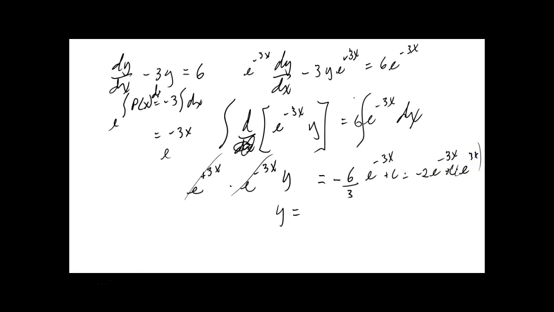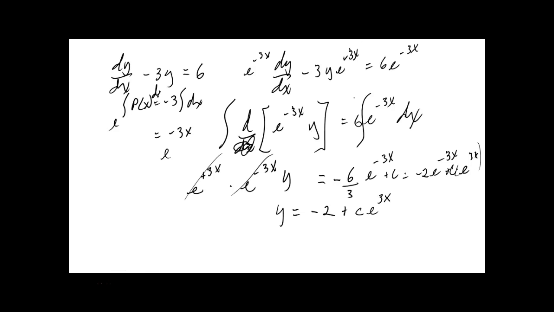I'm sorry, this is ugly now, but it's e to the 3x times minus 2, that's just going to give you a minus 2, right? Plus c e to the 3x. Right?